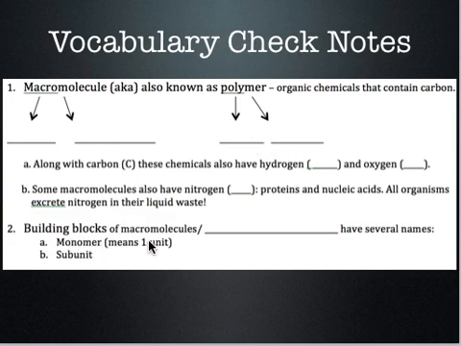Mono means one. Sometimes the EOC will use the word subunit or unit. So there are a lot of different names that are used off and on here. I'm going to be using them for the next 2 weeks, and then after the test, I'm still going to use them. So by the time we get to the EOC, it should be familiar.